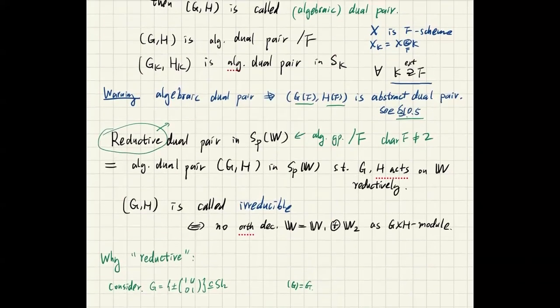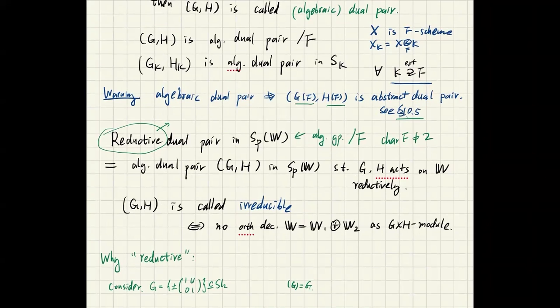We will also have an additional assumption in the dual pair, that it is reductive, which means that the group itself is a reductive group.